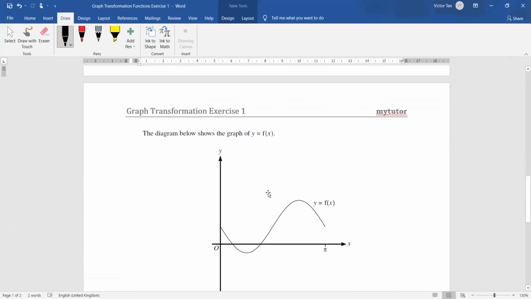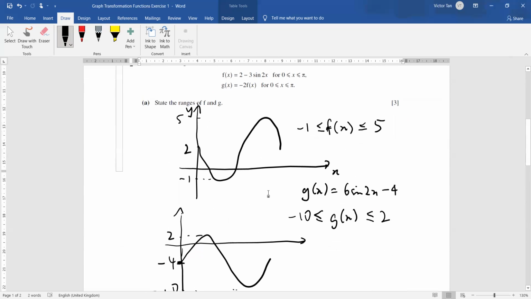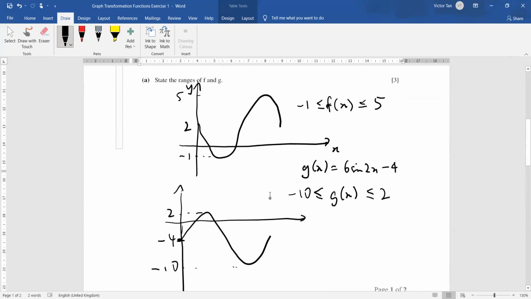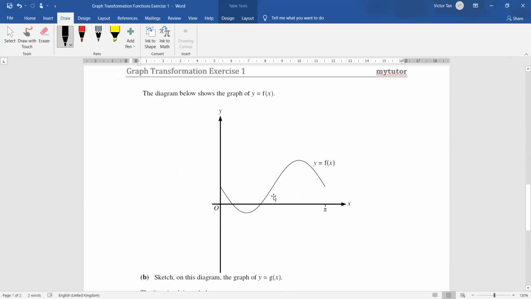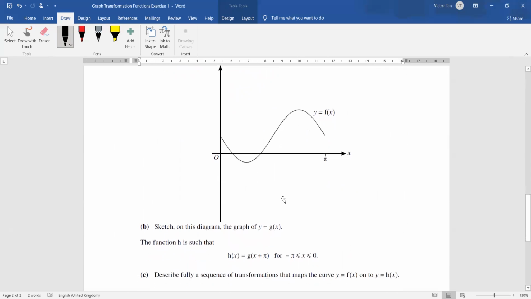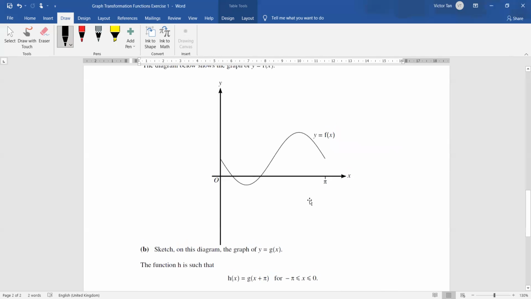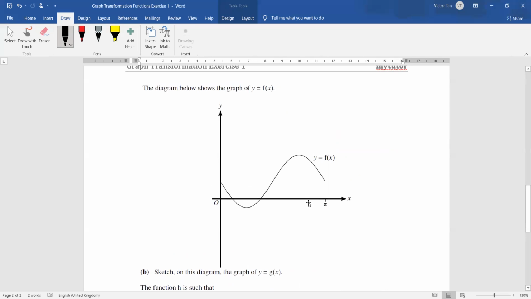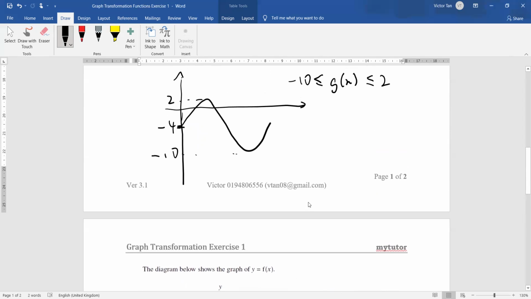The diagram below shows the graph of y equals f(x), which I've drawn. Sketch on this diagram the function h such that h(x) equals g(x) plus pi, which is y equals g(x). Just now I sketched g(x) for you already.